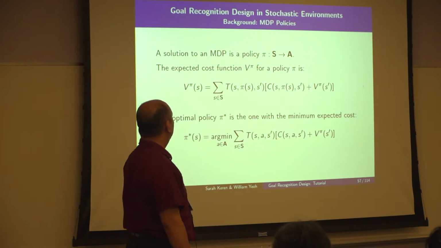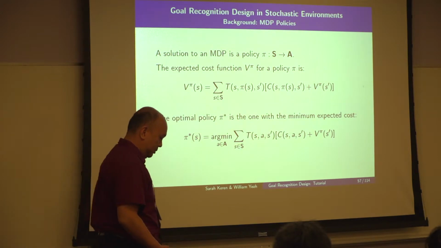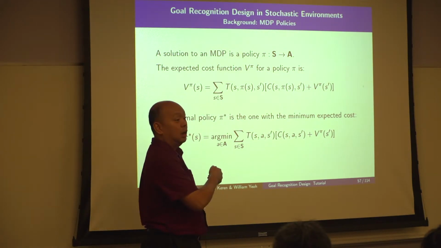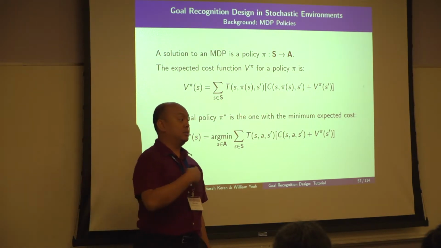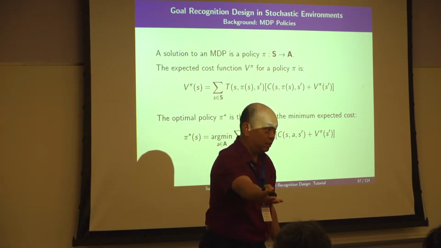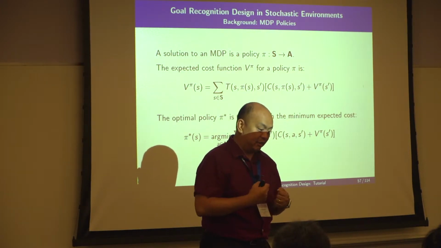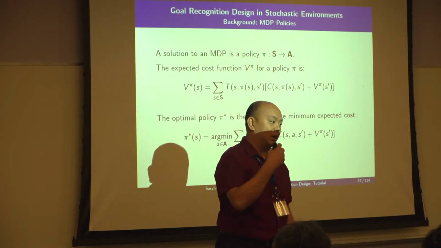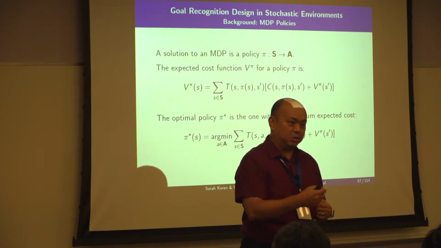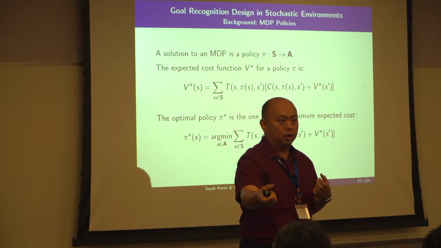Okay. So now that you know what an MDP is, a solution to an MDP is essentially a policy. In a deterministic environment, a solution to, say, a path planning problem is a path, right? Because if I'm at a starting state and I take action A0, I know exactly what the next state is, and if I take the next action, so you just need to know the sequence of actions to take until you get to the goal.